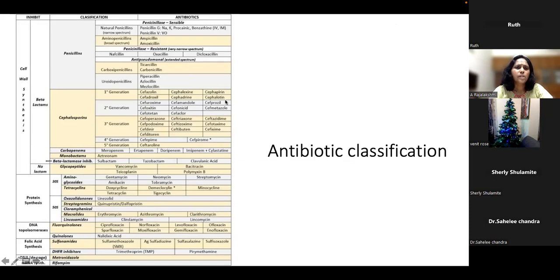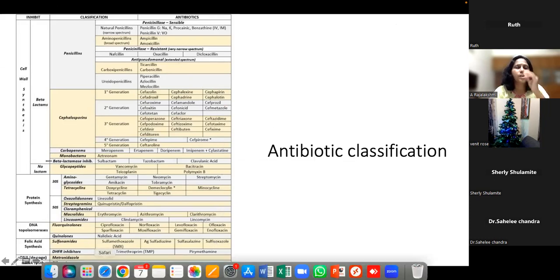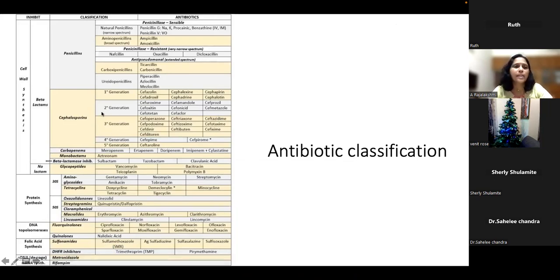So, antibiotic classification: if you have to compile it in one slide, it can largely be classified starting with cell wall synthesis inhibitors, classified by the site of action, the cell wall. These are divided into beta-lactam and non-beta-lactam groups.